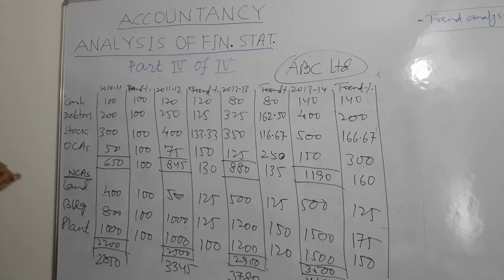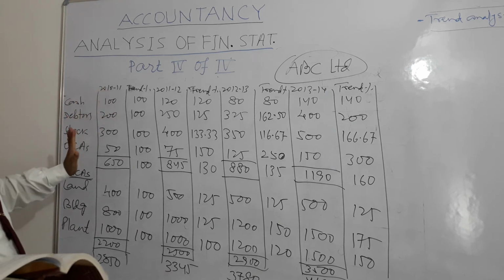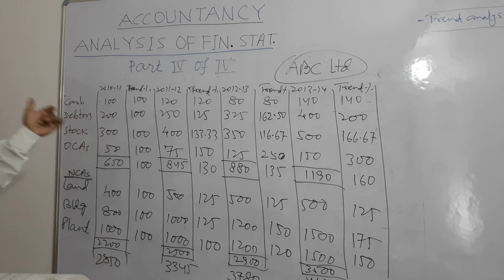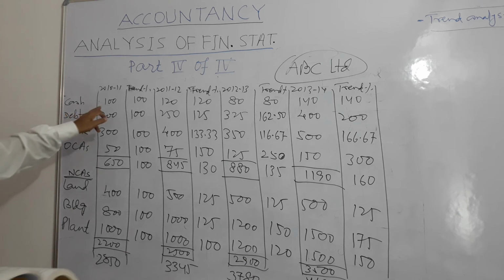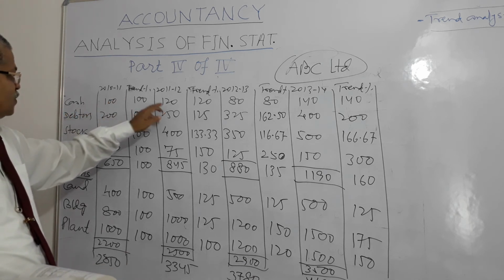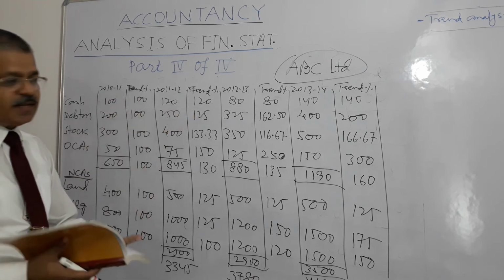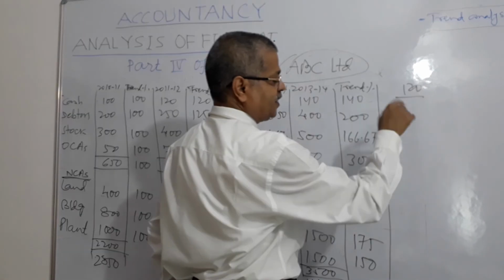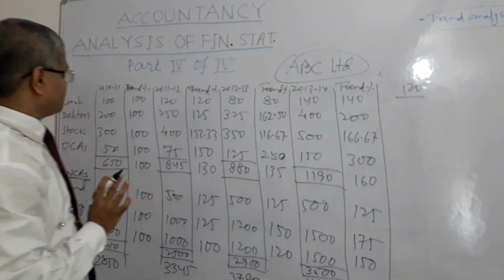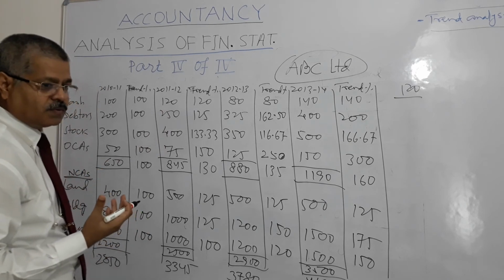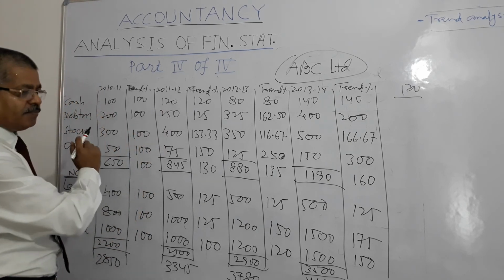So what have we done here, right? Base year is 2011, so whatever figure is there in base year, it will be equal to 100. Then when cash becomes 120 from 100, the trend percentage is 120, because 2012 is the present year value and base year remains 2011.